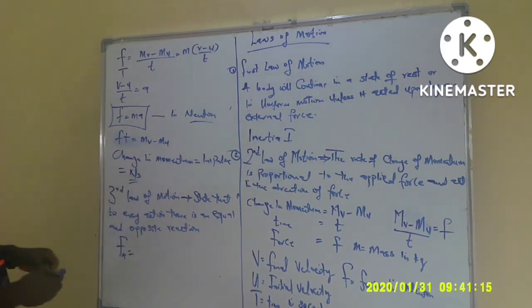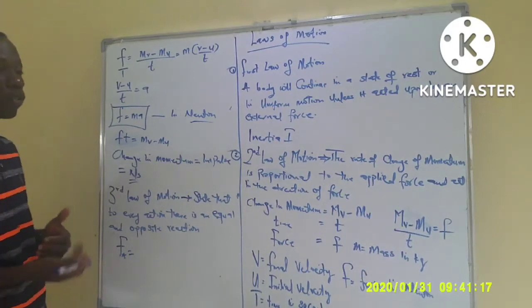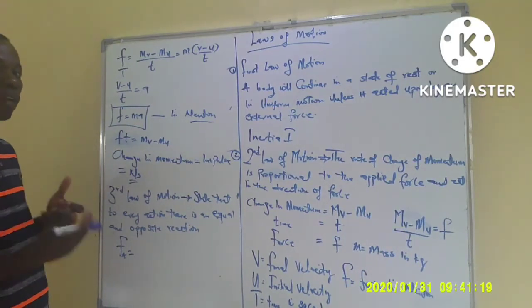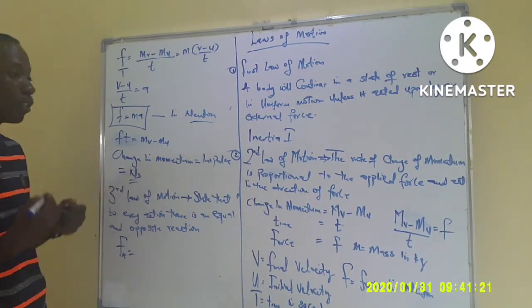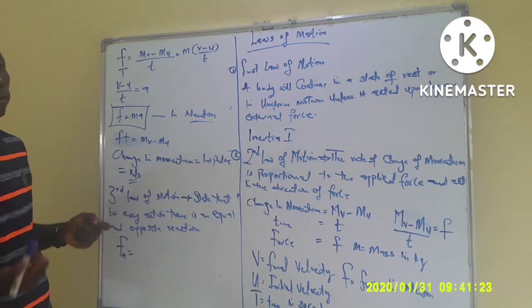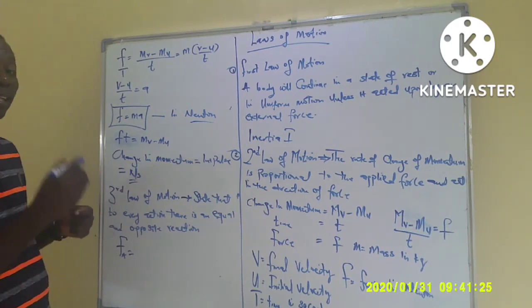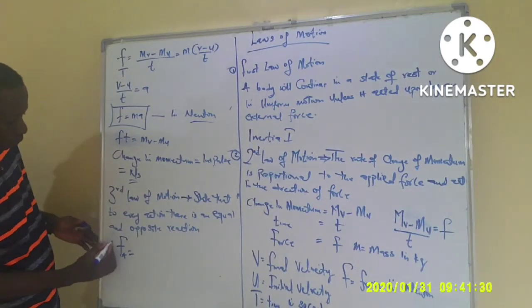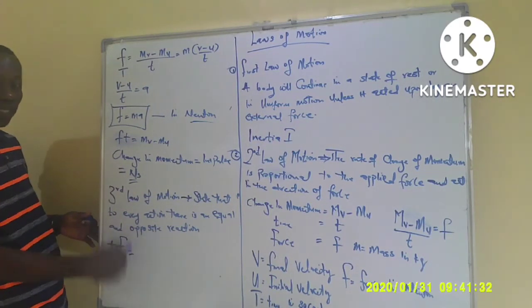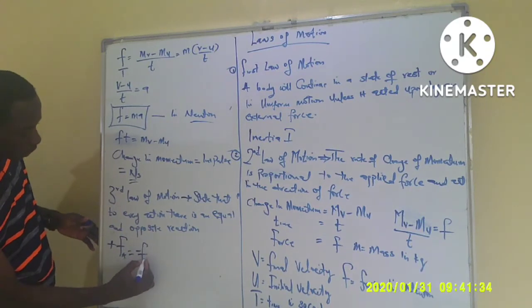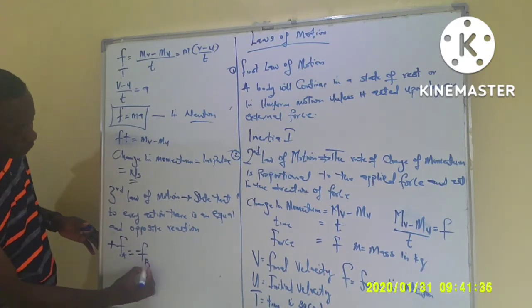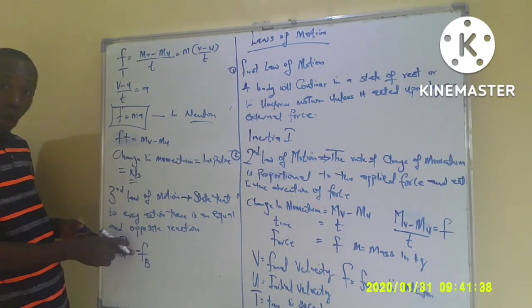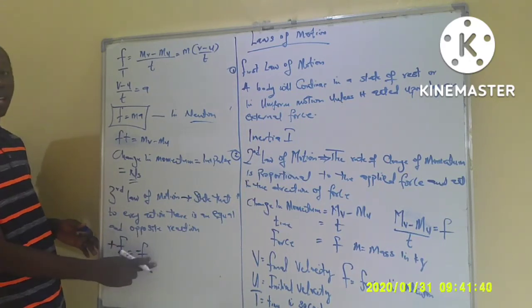There's an equal and opposite what? Reaction. It's not that there's an equal and reaction. There's an equal, but the reaction is opposite. So the force I'm applying is positive, while the wall exhibited negative force. Let me say the force of the wall is Fb. So this negative force is opposite, but this Fb is the reaction.